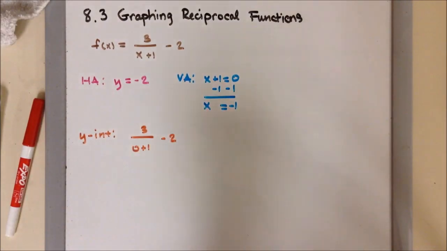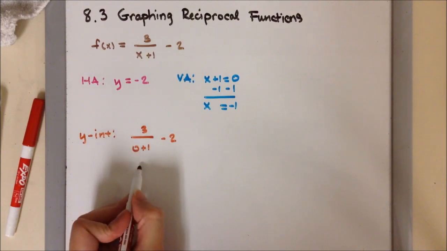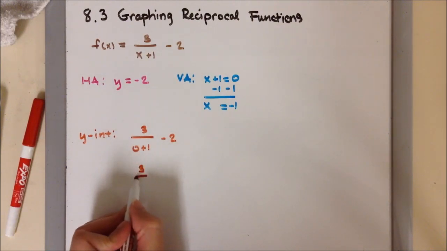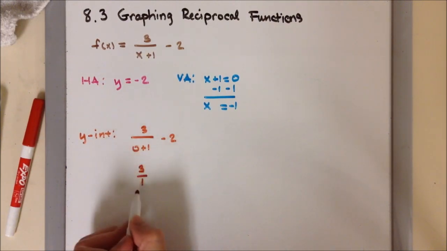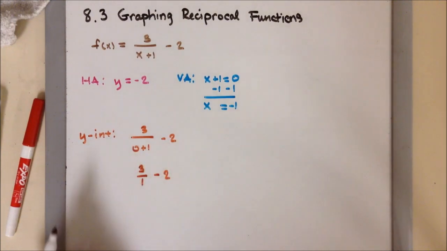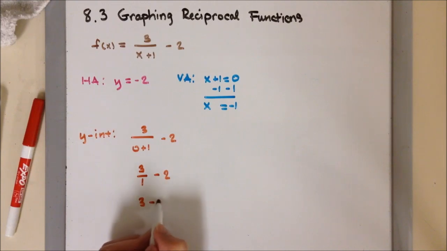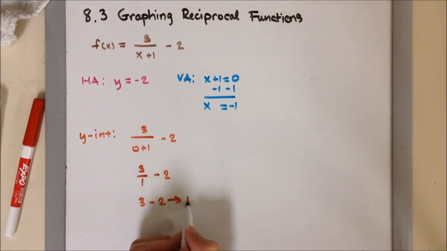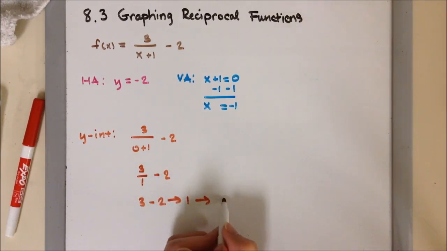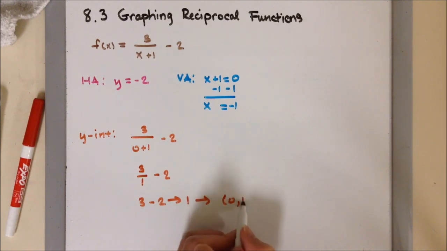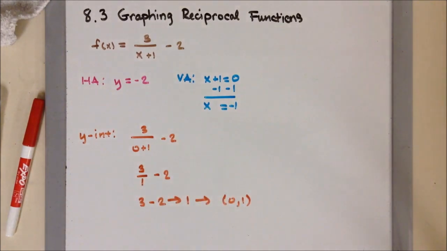Then I simplify the denominator: 3 over 1, because 0 plus 1 is just 1, minus 2. 3 over 1 is just 3, and then minus 2 is 1. Therefore, my point is 0, comma 1. That's going to be my y-intercept.